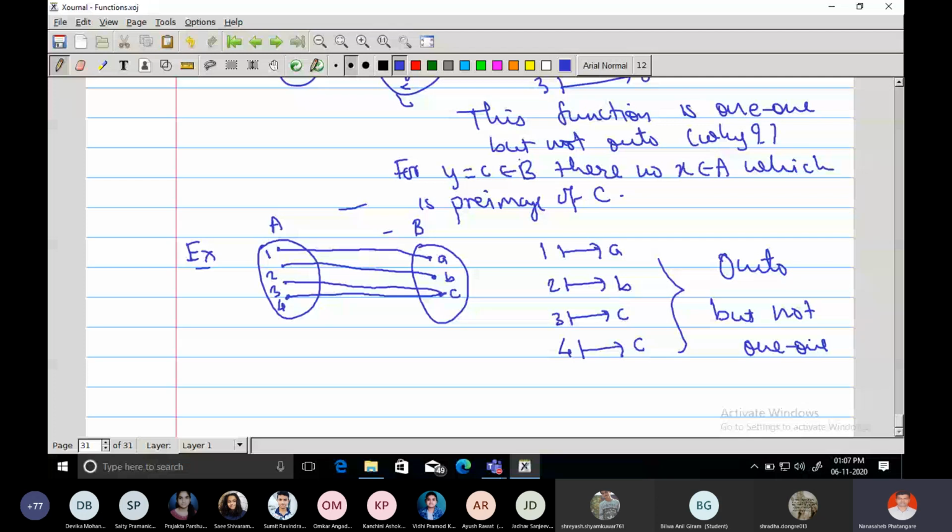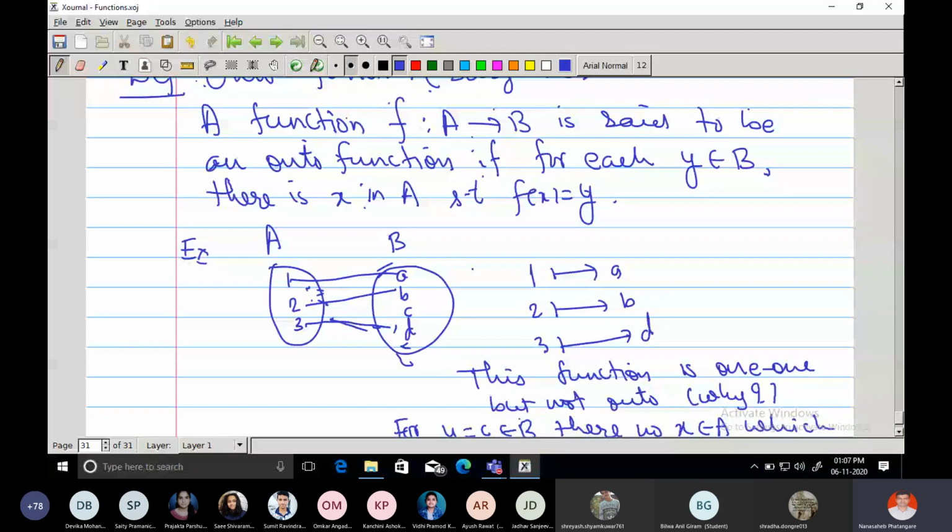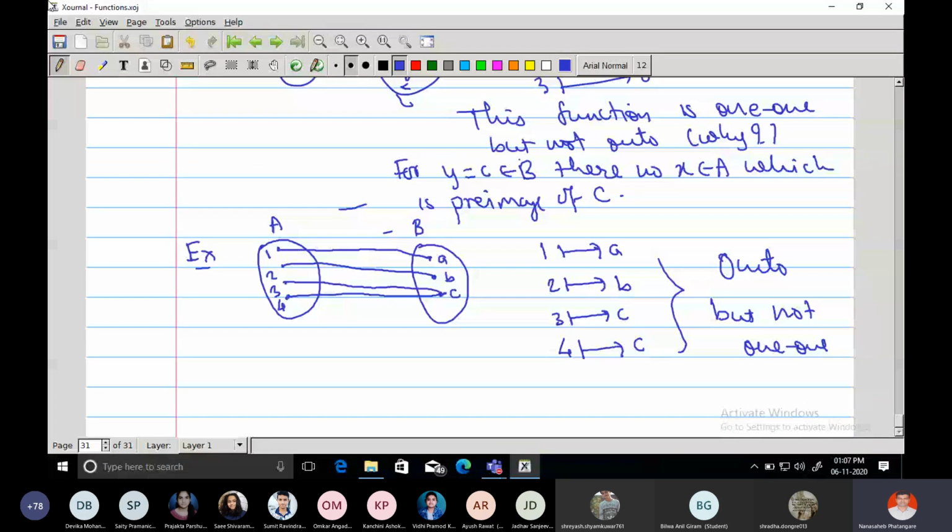Right, so that you can understand, and therefore what we can say more about onto function.